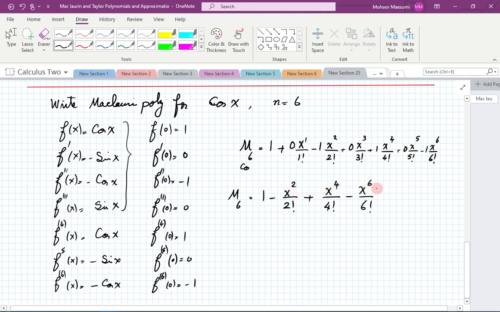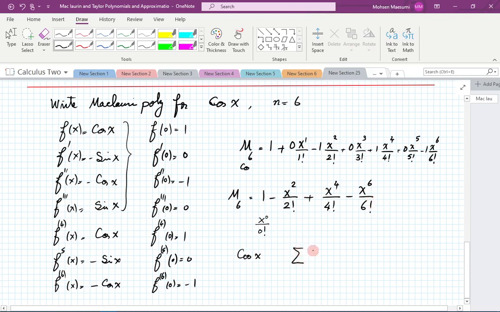Powers of x are all even numbers. Denominators are just factorials of those numbers in the numerator. If you insist, the very first of it can be written as x to the power of 0 over 0 factorial. So that would be making everything look like each other. So for a cosine of x, we are developing a series. What does that series look like?